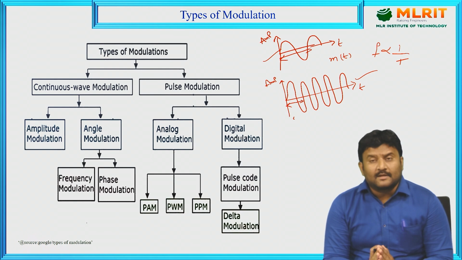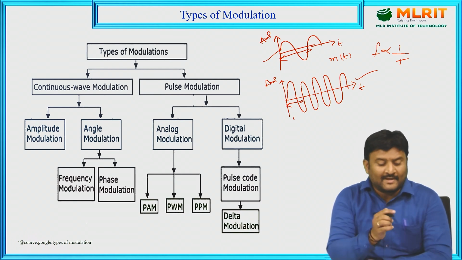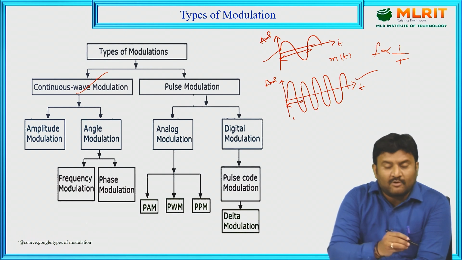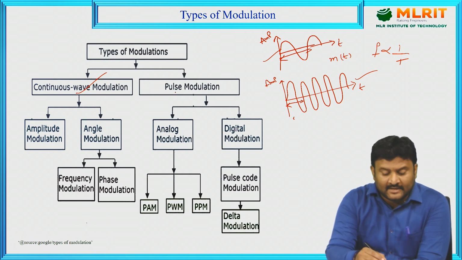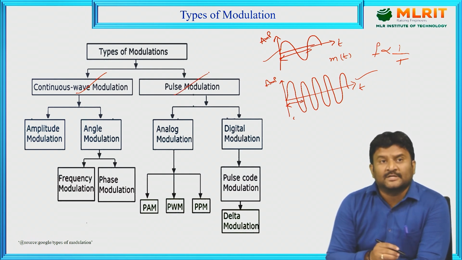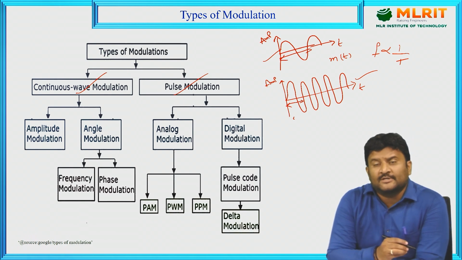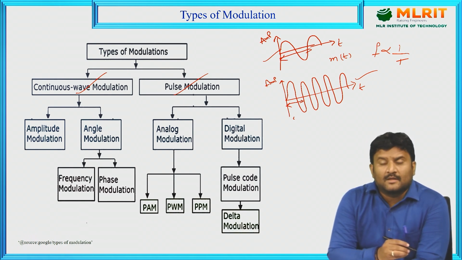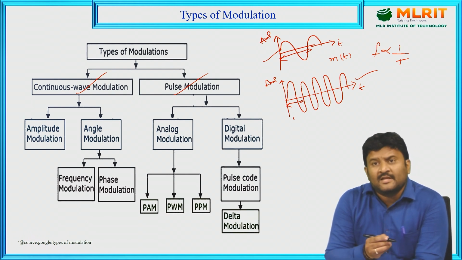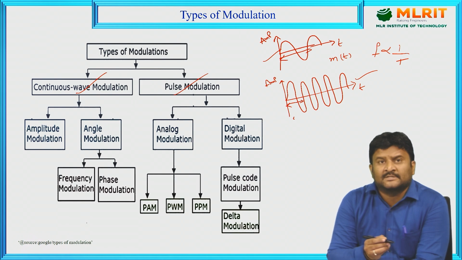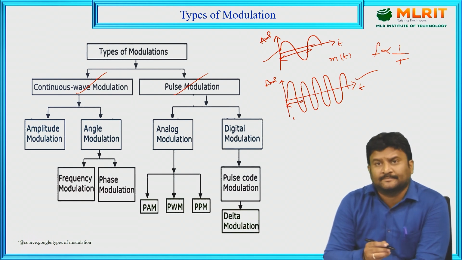Basically, modulation can be categorized into two types. One is continuous wave modulation and the second one is pulse modulation techniques.